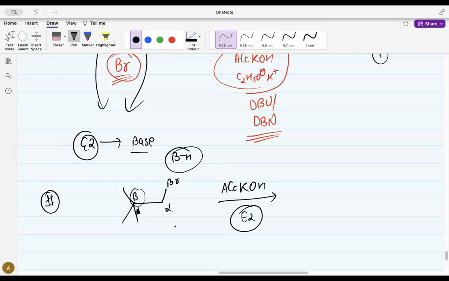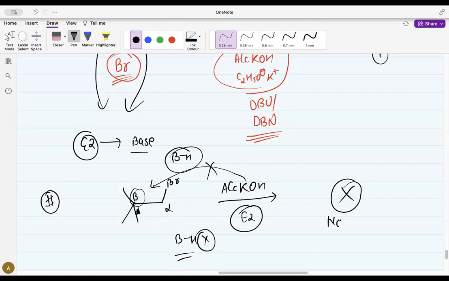It does not have beta hydrogen. If it does not have beta hydrogen, it cannot go and take anyone. So here there is no E2 elimination, no E2 reaction. It should have beta hydrogen.